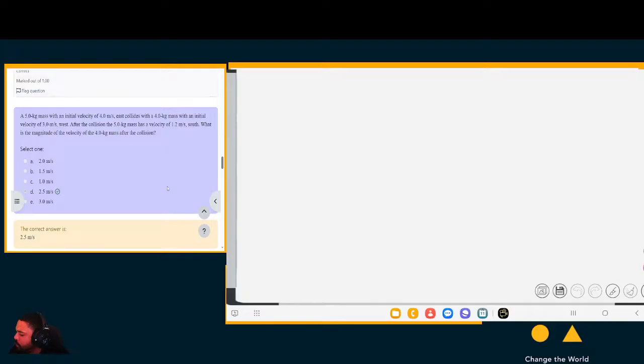So the final momentum is 8 kilogram meters per second in that direction, and 6 in that direction for the 4 kilogram mass. This is its initial momentum, and this is its final momentum.